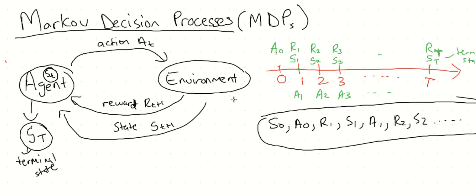Imagine you start in a state S0. If you remember from here, we defined S0 as our initial starting point, right? This is where everything starts and then everything follows.